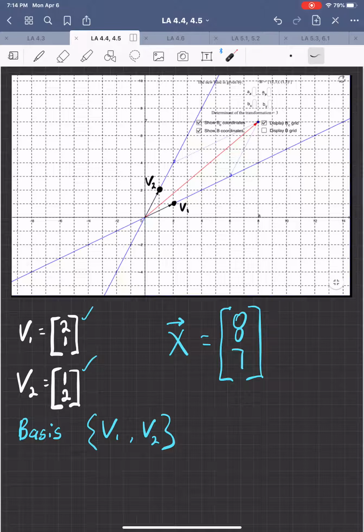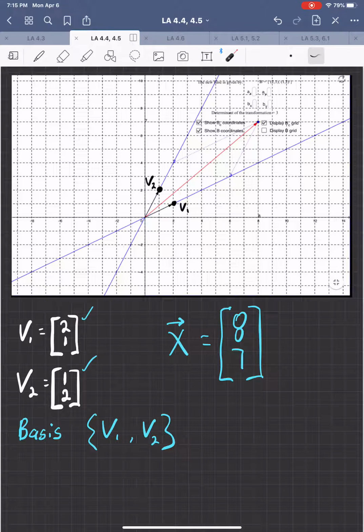How would we plot this in the normal Cartesian xy coordinate system? Well, we would go to the right 8, and we would go up 7, and that would get us to our point, right? But wait a minute. Now we have this skewed graph paper, and we need to try to figure out how in the world do we graph 8, 7 if our basis vectors are different.